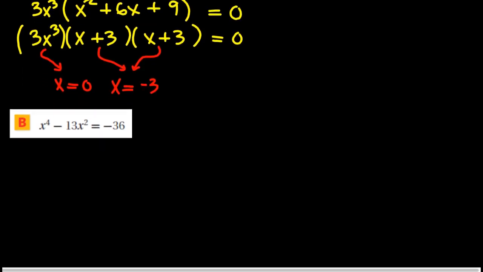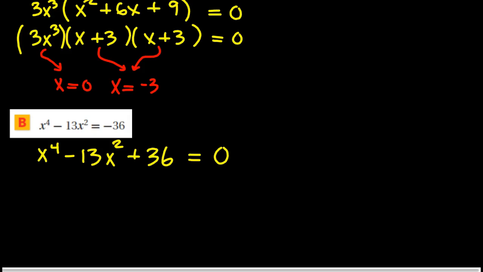In the next example, B, first of all, it's not set equal to 0, so let's set it equal to 0. And then we actually just talked about this. You can unfoil trinomials that have an even degree with a middle term that's half the degree, and the final term is constant, right?